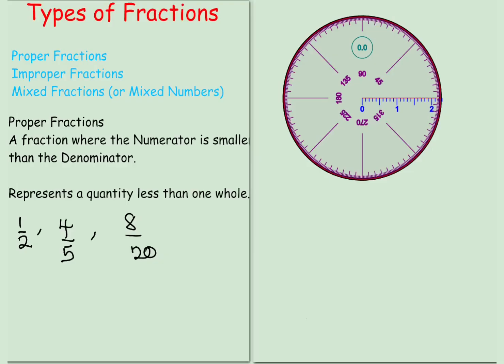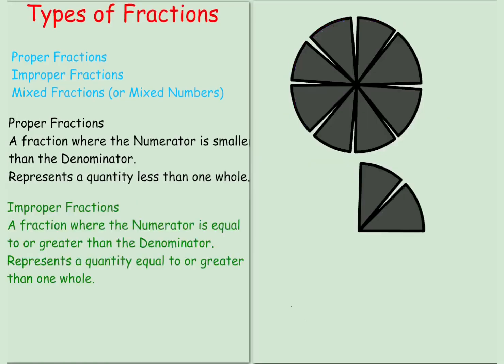Now let's look at the improper fraction. A fraction where the numerator is equal to or greater than the denominator is what we call an improper fraction. So for instance, if you have 4/3, you realize that 4 is greater than 3.